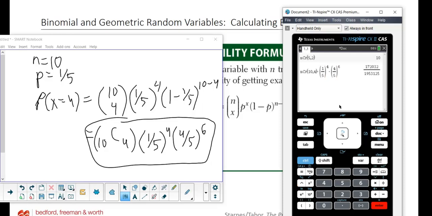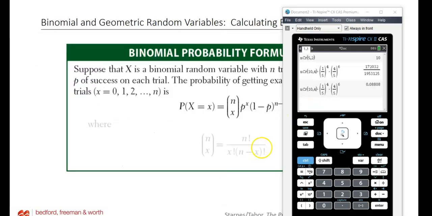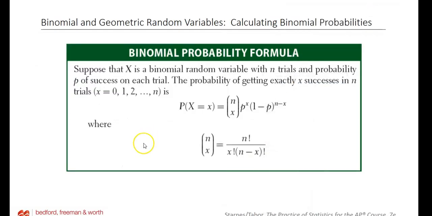We should get the right answer. If you hit Control Divide, so 0.0, there's an 8.8% chance of this happening, it looks like. So let's see if they did the same answer.